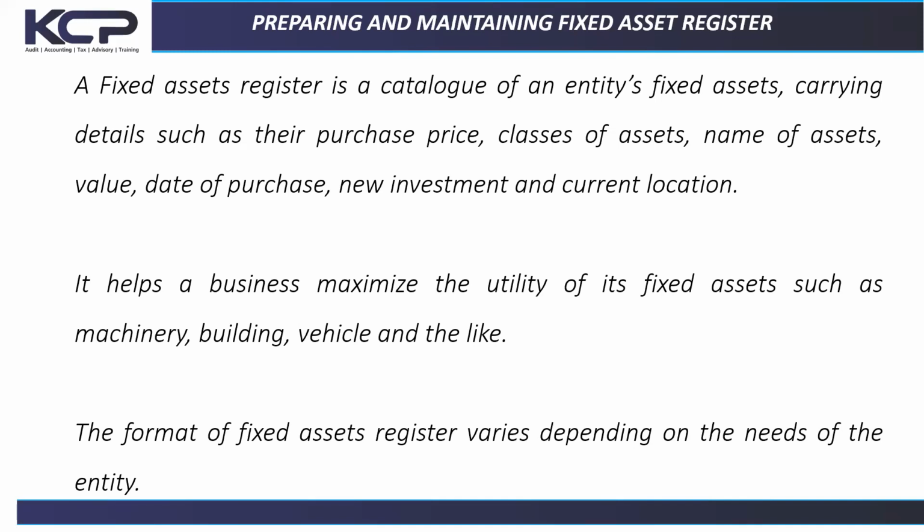It helps the business to maximize the use or utility of the assets, such as the machinery and the likes. It helps you to also know what exactly in quantity, in location, in simplified terms, where the asset is.